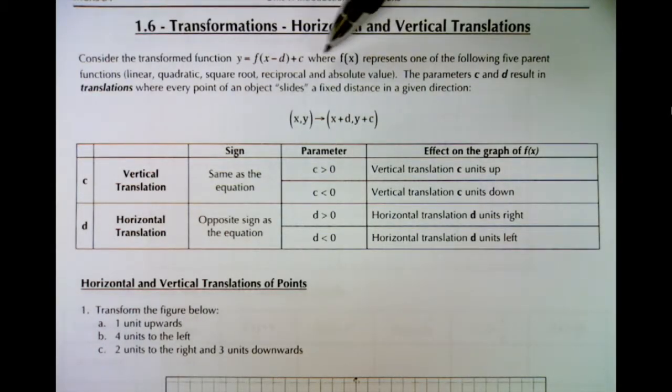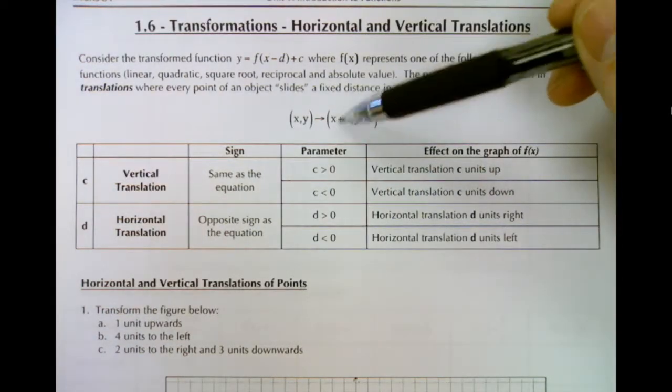F of x could represent any of the parent functions: linear, quadratic, square root, reciprocal, absolute value. And c and d both result in translations, which is like a slide, a left, right, up, down shift. And the way it works is whatever d is, adds to x.